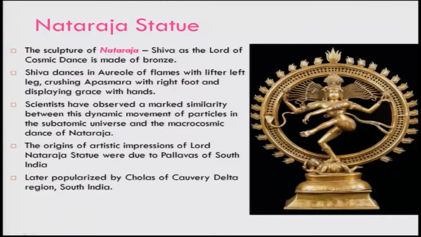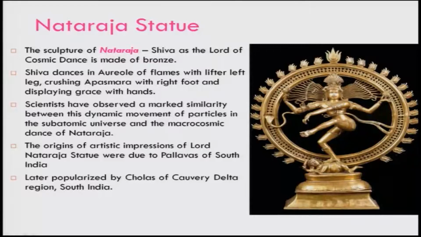This figure shows the dance of Lord Shiva, and this is not an ordinary dance, it is considered to be the cosmic dance of Lord Shiva, and this statue is made of bronze. You can see there is an aureole of flames here, with the left leg lifted, crushing the apasmara with the right foot and displaying grace with the hands.